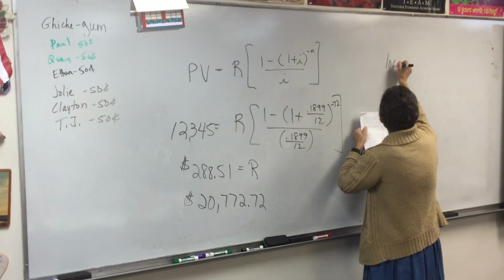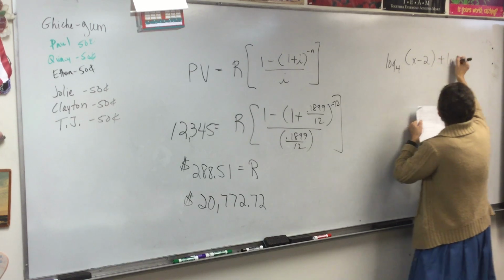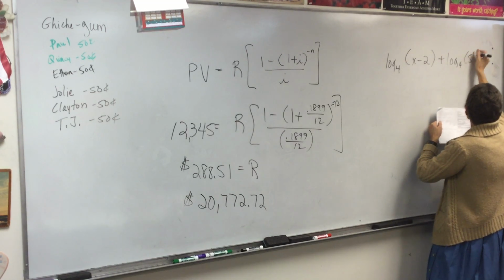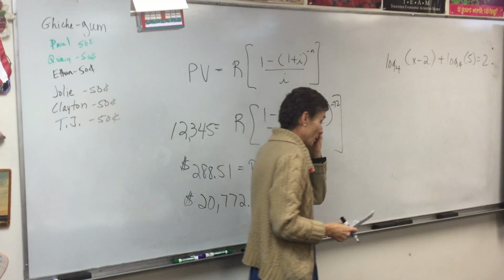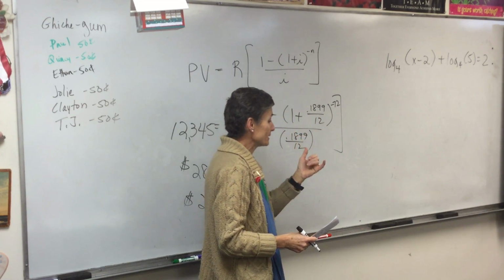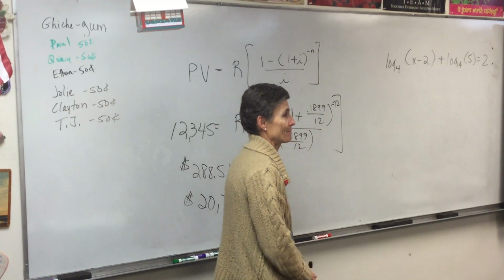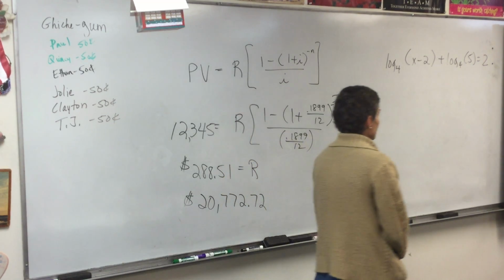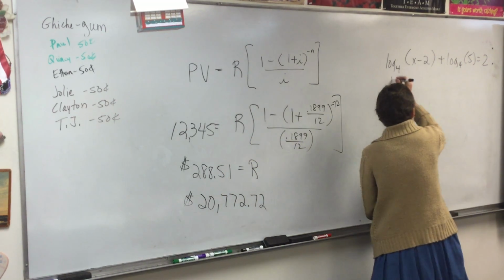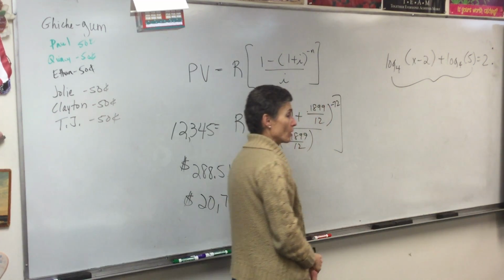Now we're doing problem 3A, which is a logarithmic equation, and we need to solve it. So I look at this equation, and what's the first thing that I notice about it? I need to combine them, right, Jack? There's too many logarithms over here. I cannot do a problem that has all those logarithms.